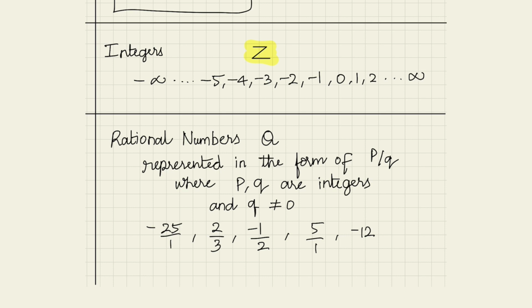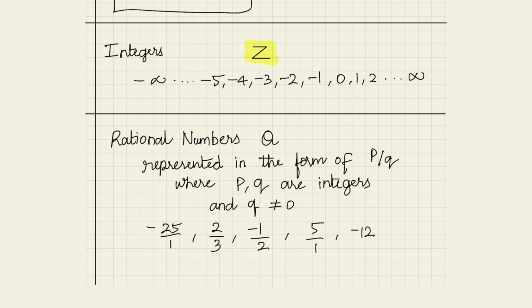Now for rational numbers we have a proper definition, which is: rational numbers are numbers that can be represented in the form of p divided by q, where both p and q are integers and q is not equal to 0. Now these are the things that should be maintained in order for it to be a rational number.